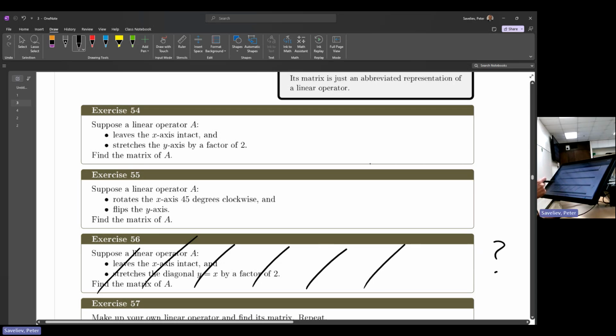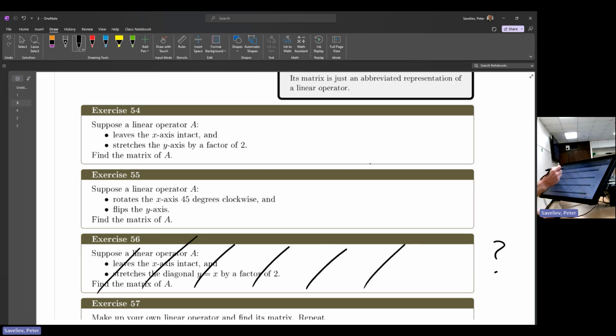So let's take this one. No matter what the description is, you have to convert that description into the description of what happens to the axes. If you know where the axes go, then you know where the basis vectors go.